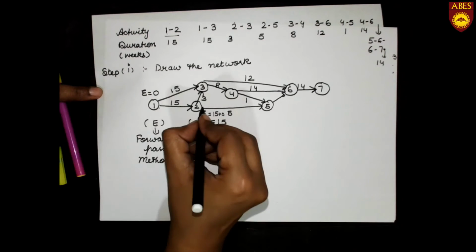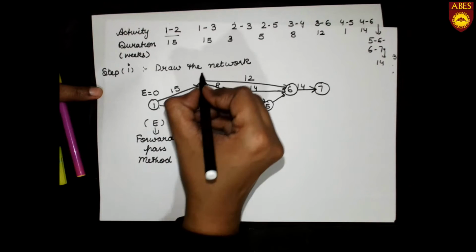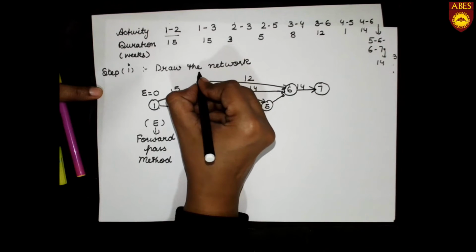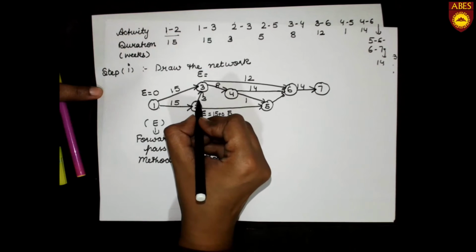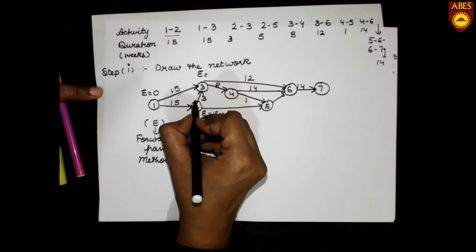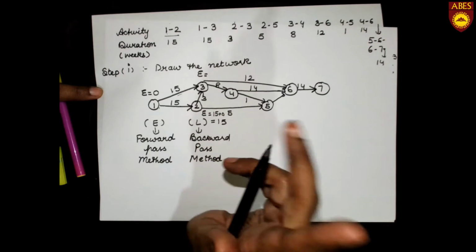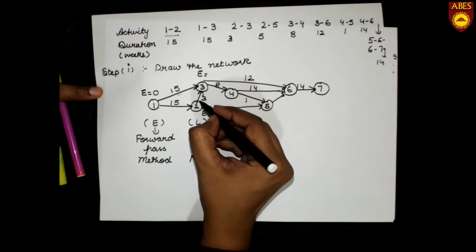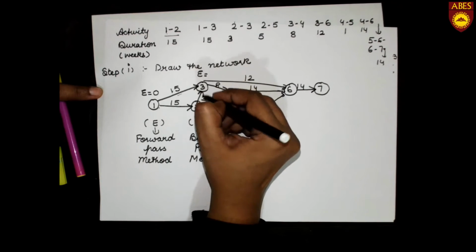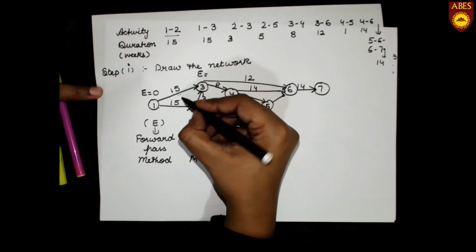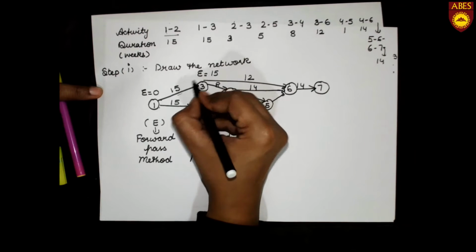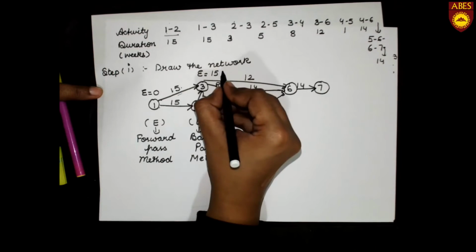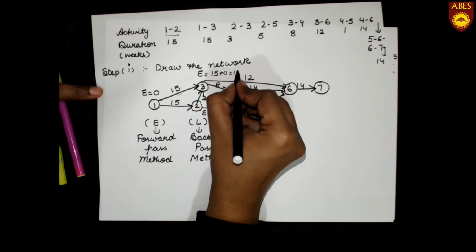Now we will switch over to the next position, that is third. Now we have to find out E of the third event. There are two arrows going to 3, so there will be two values of E. When it is going from 1 to 3, E will be equal to 15 plus 0, which is 15.